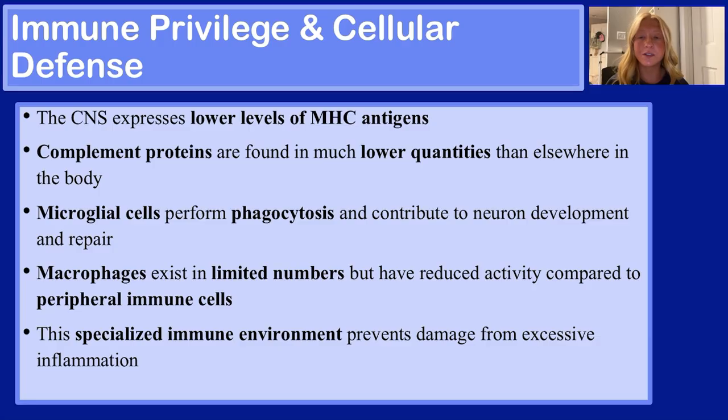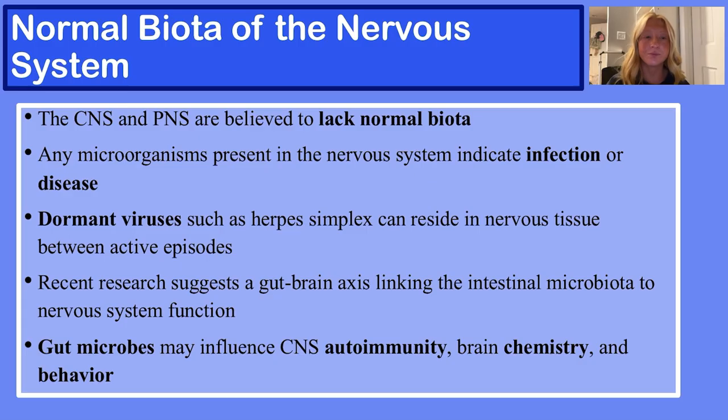And then microglial cells, these act like mini macrophages and help remove pathogens or debris while also supporting neuron development and repair. Some macrophages are also present but aren't as active as those in other body systems.